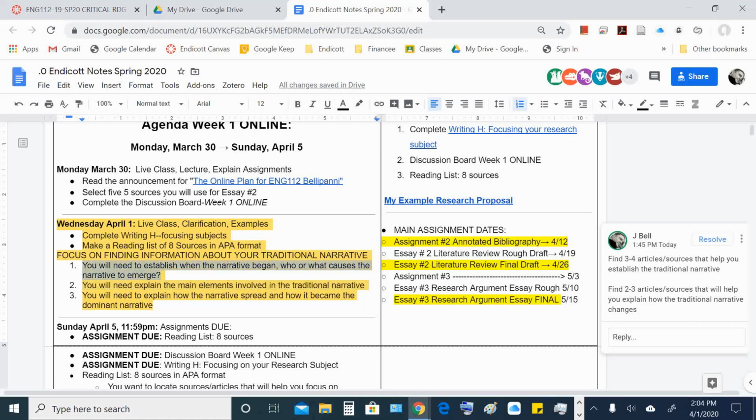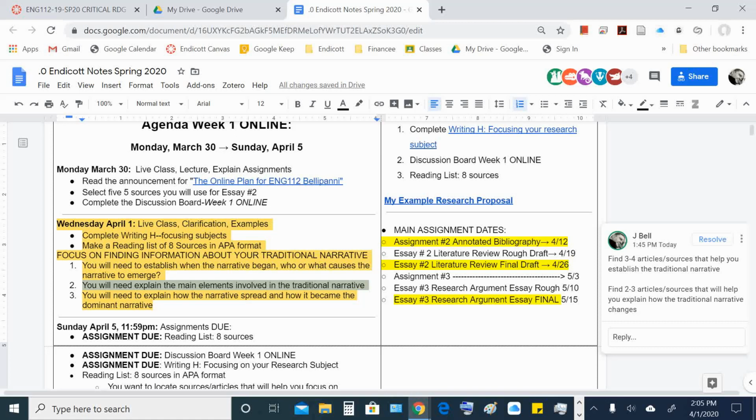I need to explain the elements that are involved in this narrative. The elements that are involved are basically the players. So you've got the college administration people, you've got professors, you've got students, you've got textbook writers. These are all part of the traditional narrative that I'm going to be focusing on.